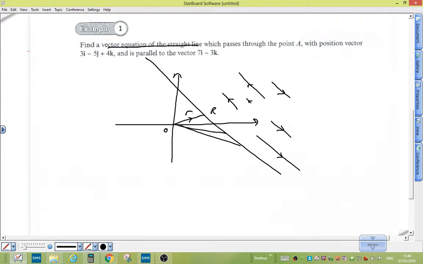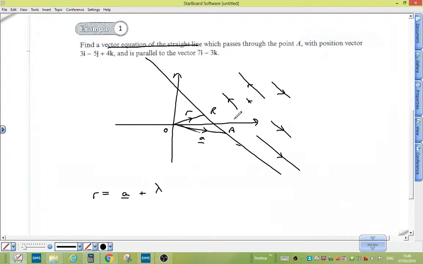So you need to find any random point using a fixed point. If I call that the random point, and this is a fixed point that we definitely know lies on it, OA, I'm going to call that vector A. I'm going to say that R can generally be found by starting and getting to your line, plus so many lots of lambda times AR. Okay, but I'm going to call it a direction vector.